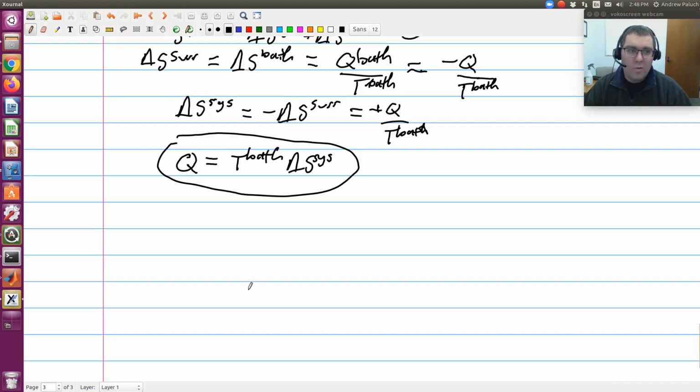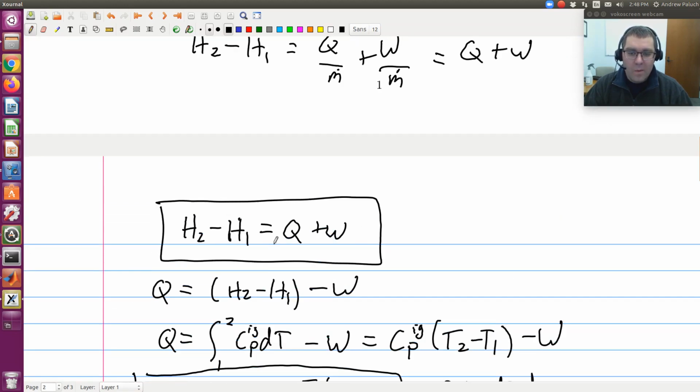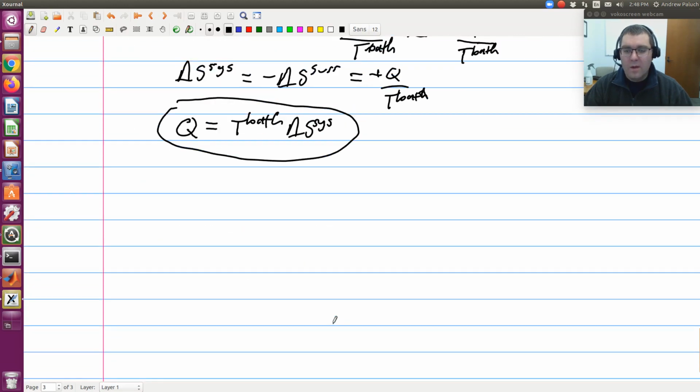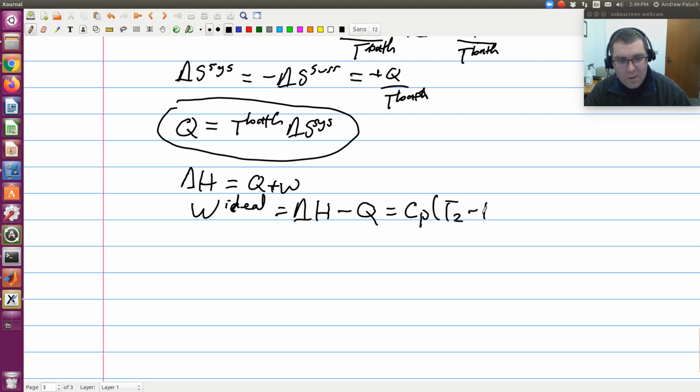And then once we have Q, we can go back to our first law balance for our open system, where we had delta H is equal to Q plus W. Solving for W, which I'm going to call W ideal, W ideal is equal to delta H minus Q. And delta H is going to be exactly as we had in part A, Cp times T2 minus T1.